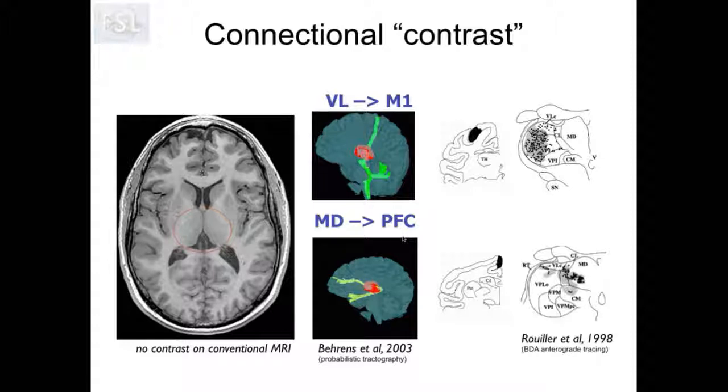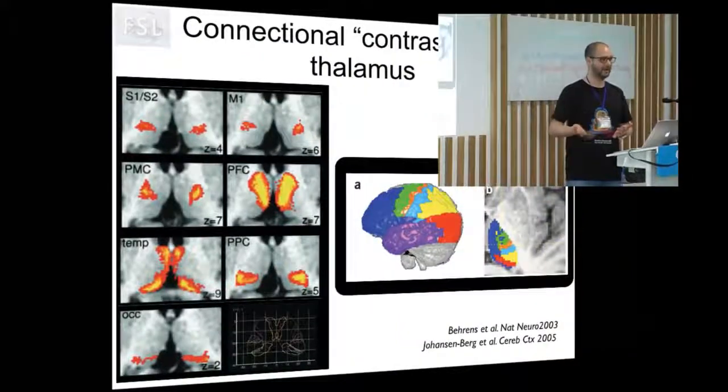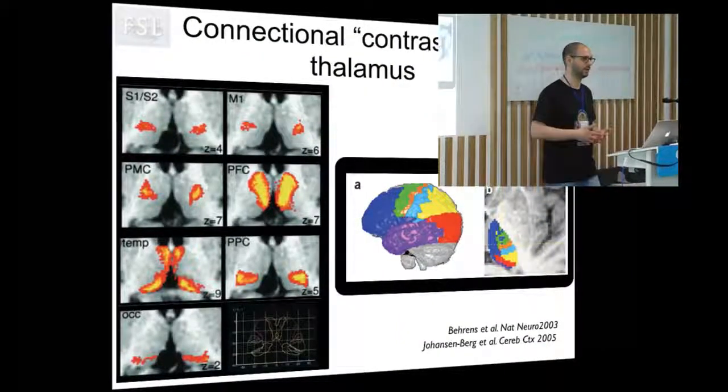Imagine that you apply these concepts throughout the whole subcortical structure. You can get in vivo a map of the different nuclei of the thalamus, which are basically invisible when you perform a T1 weighted acquisition. This is what we call the connectional contrast. And this approach was used in a paper by Tim Behrens, where he used tractography to parcellate the thalamus into its different nuclei and validate that against well-known neuroanatomical knowledge.